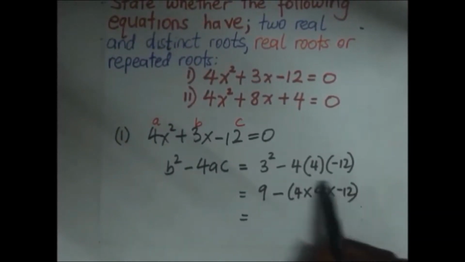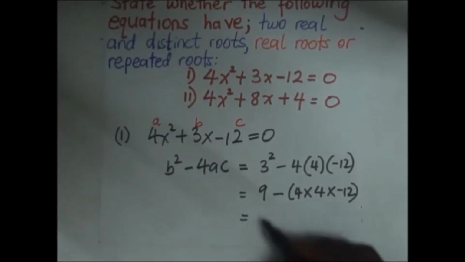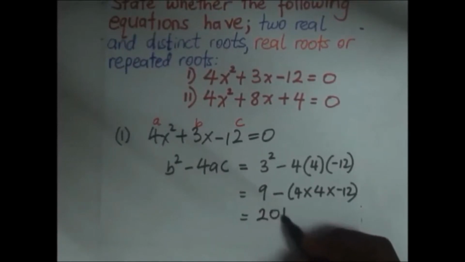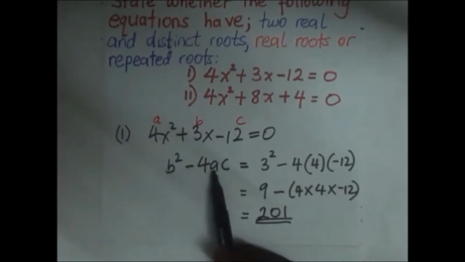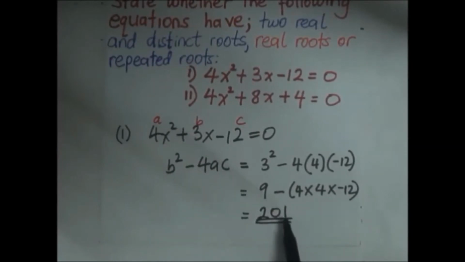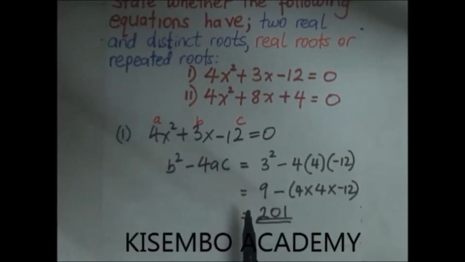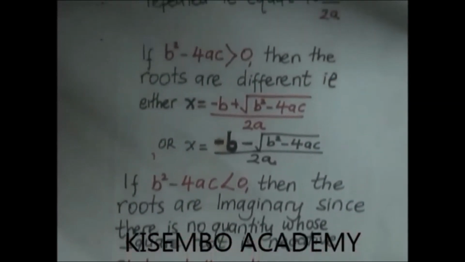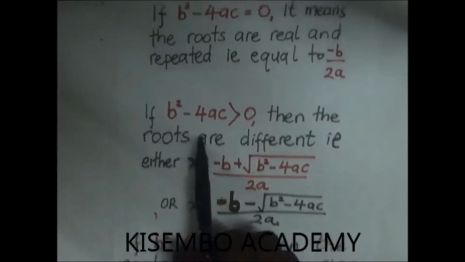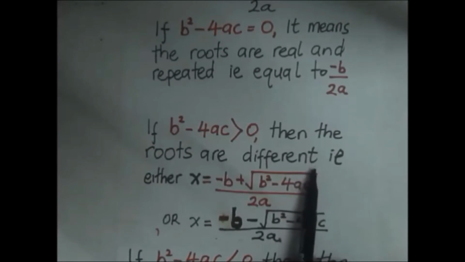So we shall end up with, of course here we are going to get a negative answer, and 9 minus that negative answer, we are going to end up with a positive answer, and the positive answer we are going to get here is 201. So since b squared minus 4ac is 201, it means that b squared minus 4ac is greater than 0. And according to our previous assertions here, if b squared minus 4ac is greater than 0, then the roots are different.